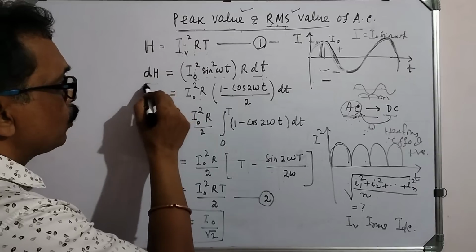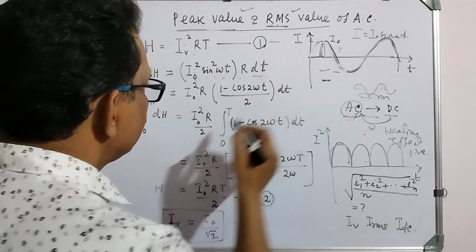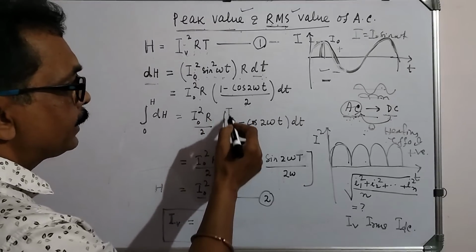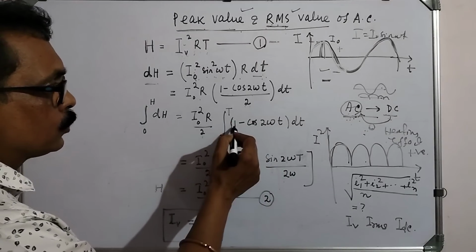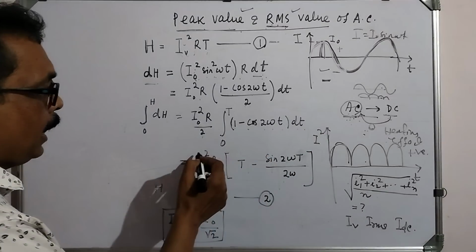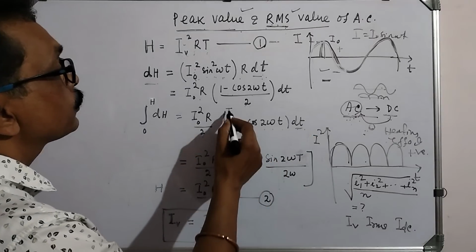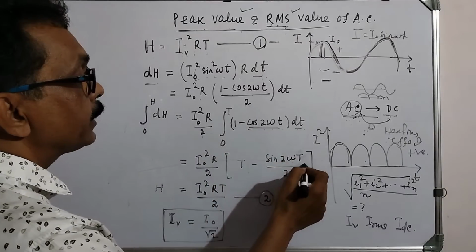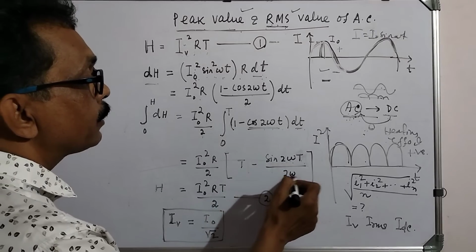And if you want to calculate the total heat produced in time t, in a time interval from 0 to T, or for one cycle, then this will be equal to I0 squared R divided by 2 times the integration of (1 minus cos 2 omega t) dt from 0 to T. If you integrate dt, it will be equal to T, and substituting T minus 0, this will be equal to T. The integration of cos 2 omega t is sin 2 omega t divided by 2 omega, and if you substitute T, this will be sin 2 omega T divided by 2 omega.